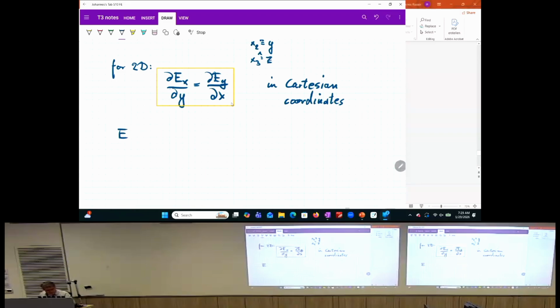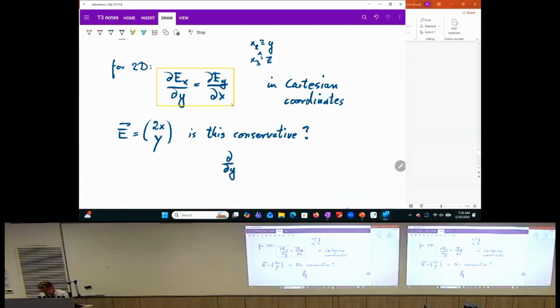So if we have a field where the x component is given by 2x and the y component is given by y, our question is: is this conservative? Let's check. We take the x component, 2x, and derive it with respect to y.